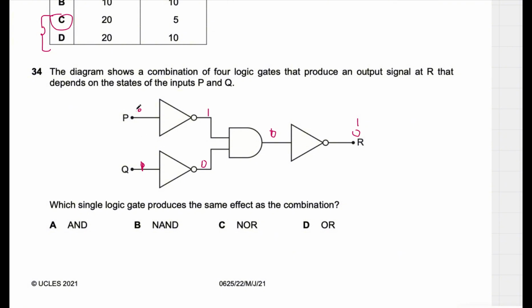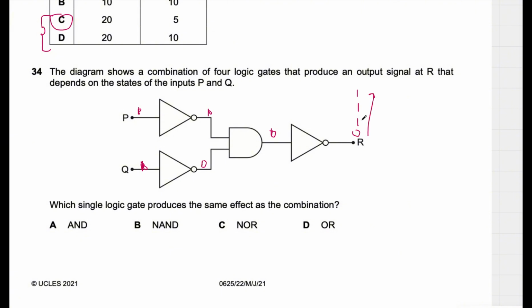So the next one we try is 1 and 0. We also get 0, and 1 goes here, we get 0; 0 goes here, we get 1. Then let's try 1 and 1. 1 and 1 go here, we get 0 and 0. 0 and 0 go to the AND gate, you get 0. 0 goes to the NOT gate, you get 1. So it's from bottom up.